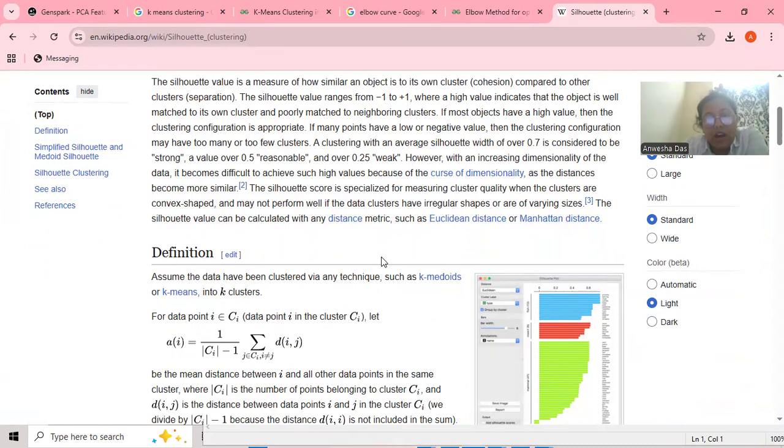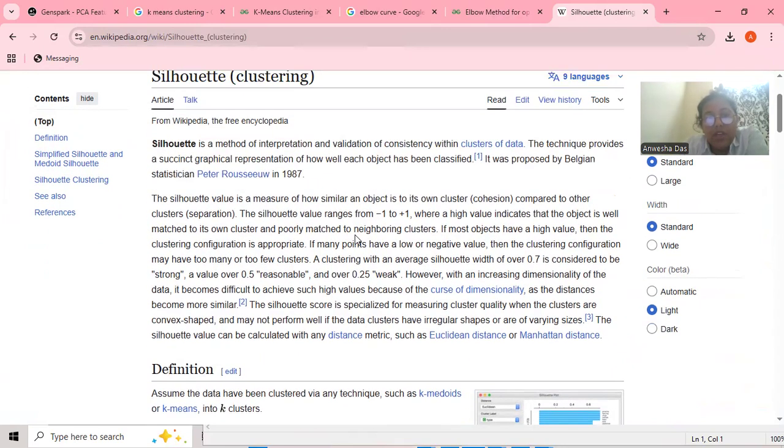The page is awesome. The silhouette score value ranges between -1 and +1. +1 means the validation score is very good. Towards -1 means the validation score is not good. This is very bad. I hope you understood.